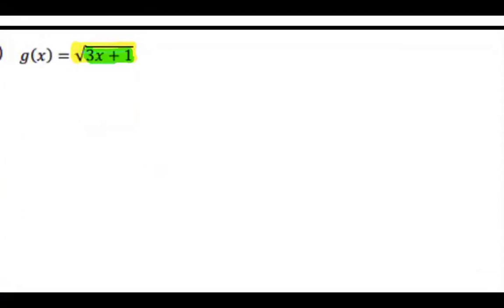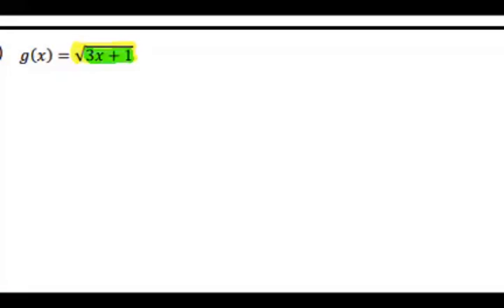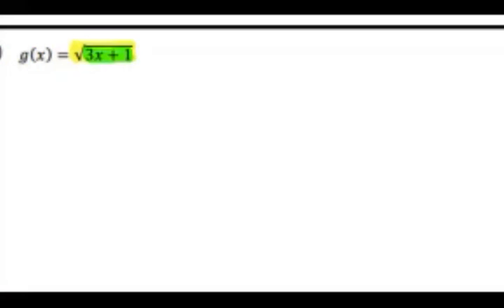When we're finding derivatives, what's the key rule? I don't want to say rule because it's not one of the rules. What's the golden rule when taking a derivative of anything?